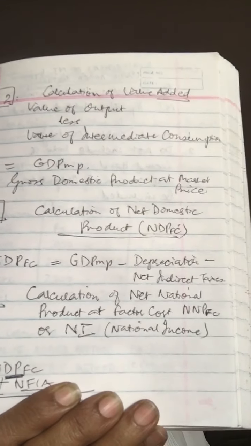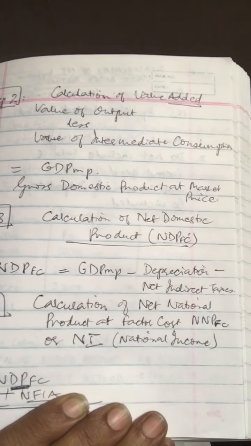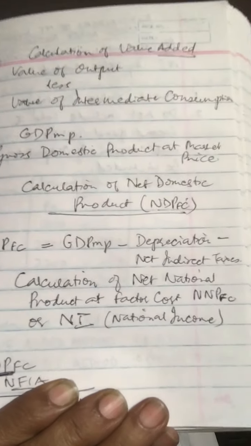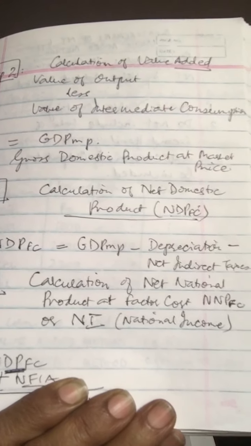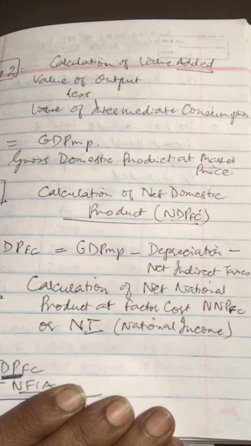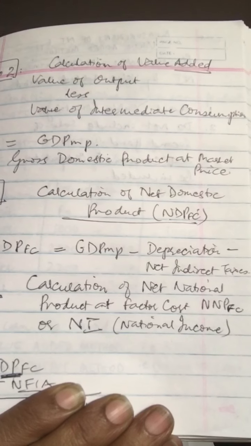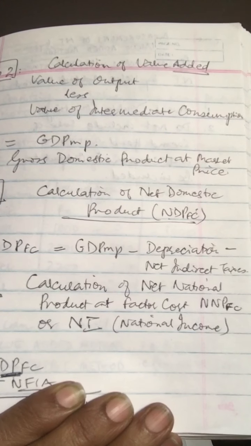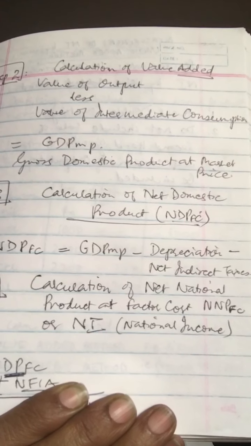Now let's take step 4, calculation of net national product at factor cost, or the other name for that is national income, NNP-FC. I'm sure you know about this now.